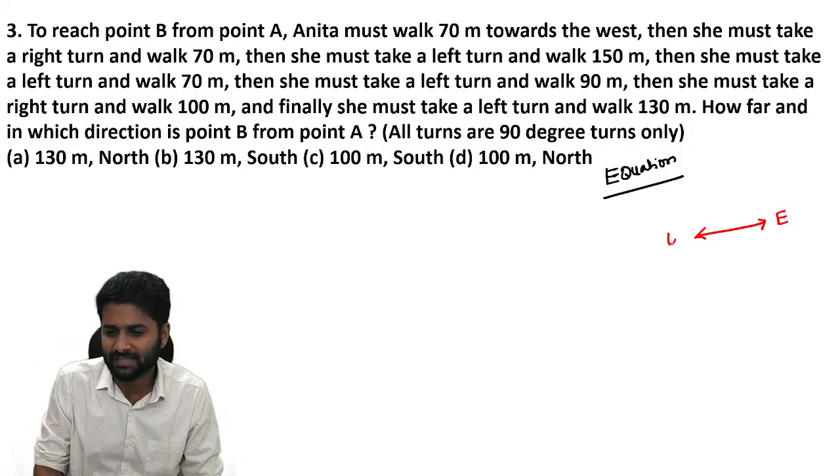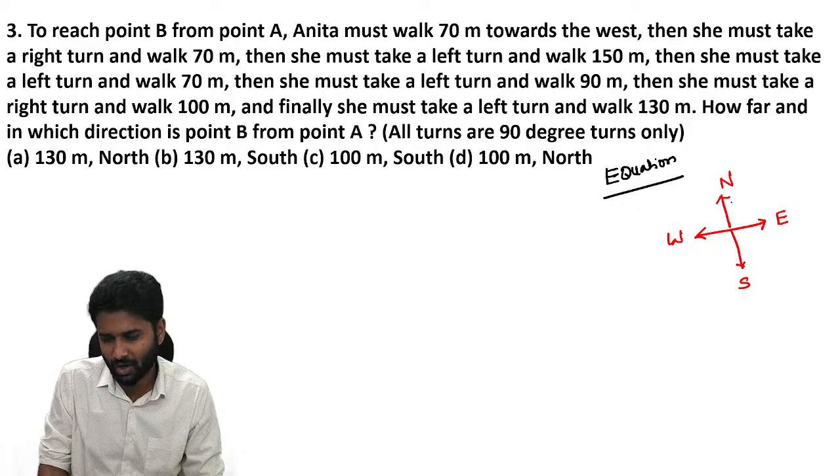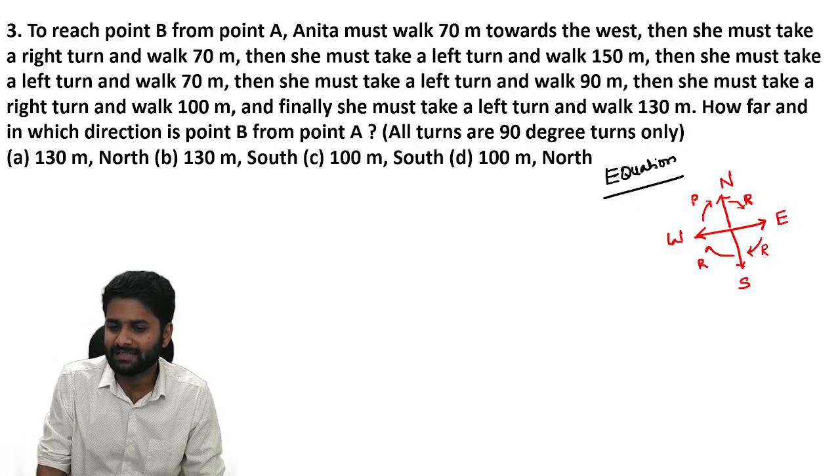Opposite of east is west. If you see any object, it is always north and south. Now see, north: if you turn right, north's right side is east. East's right side is south. South's right side is west. And west's right side is north.